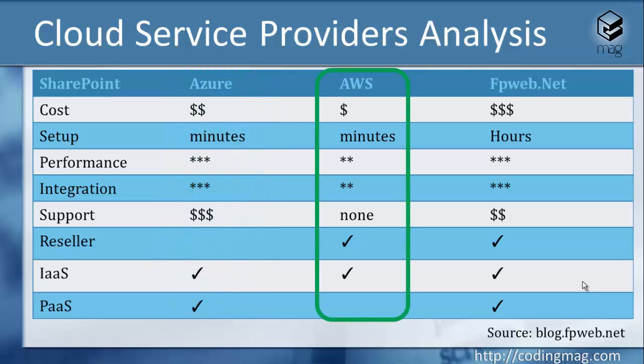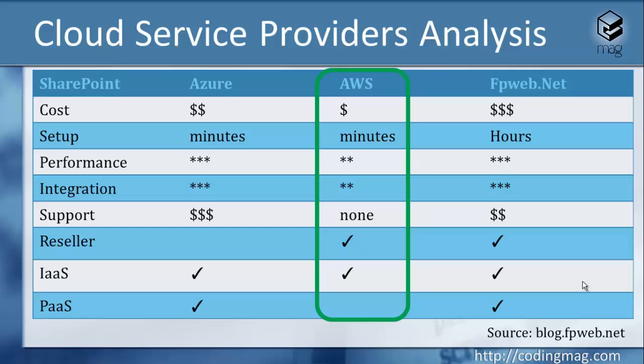So let's have a look at Amazon Web Services. As far as I know, it's the biggest IaaS provider in the cloud as of now, and it seems the least expensive among the other options. But it's said that it has the least performance among Azure and fpweb.net.